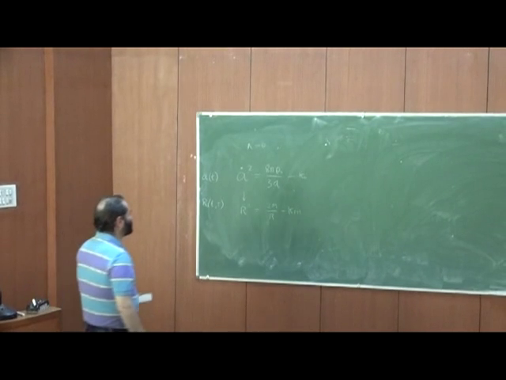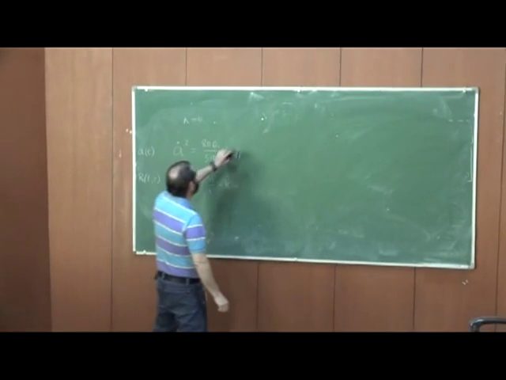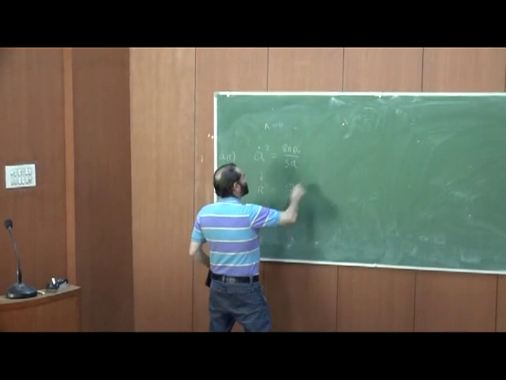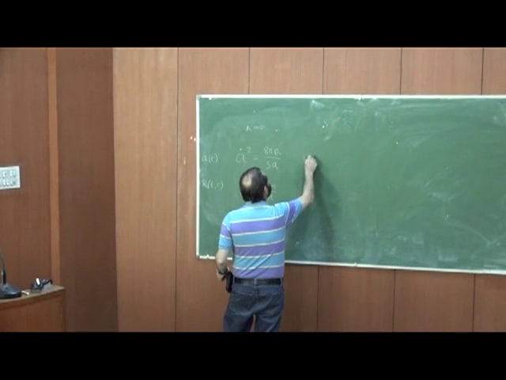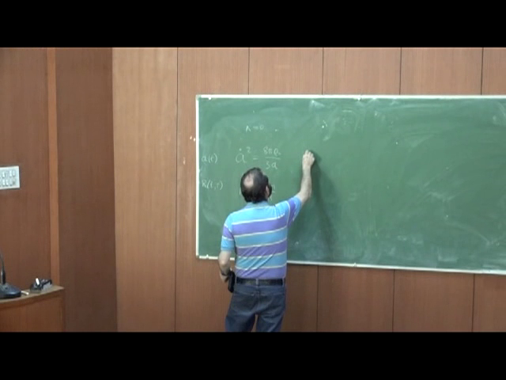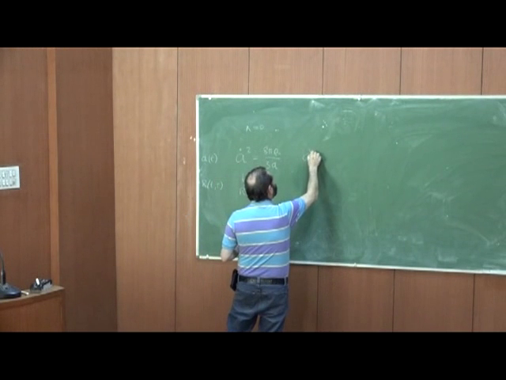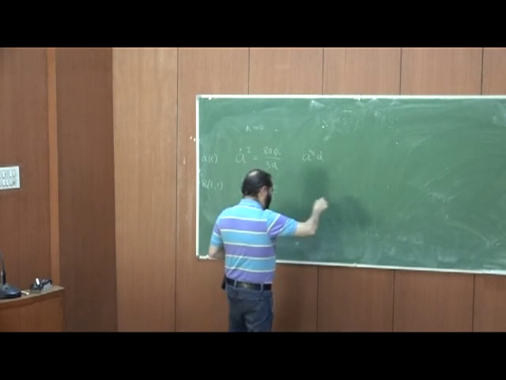So what happens if this is 0? Then this immediately solves this thing. We take the square root, and this becomes, right?